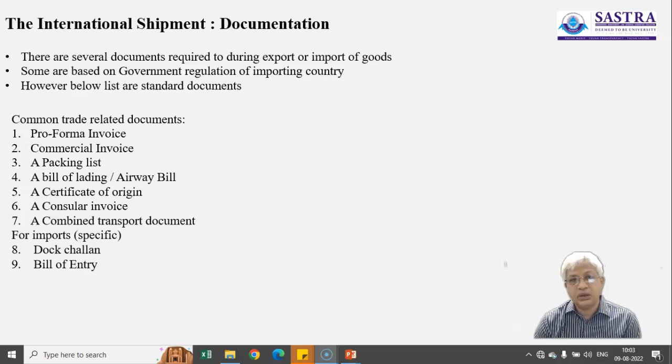Now, as we go through all these documents, please understand that I'll be using only the word document, document and document. A document and whatever is written in that document has got a lot of bearing on the activities of the supplier. He has to adhere to it.